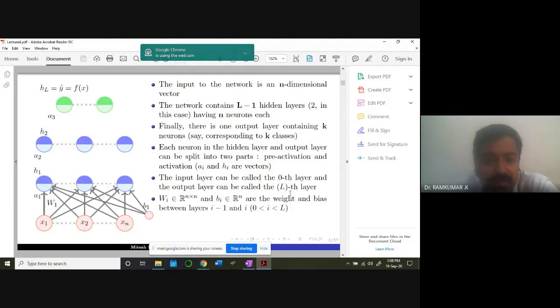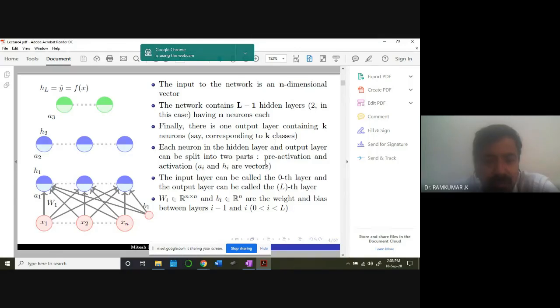Here you can see the connections. These are the Wi and Bi, the weight and bias between layers i minus 1 and i. Any layer you can call this. Is i varying from 0 to L? How many layers in total are there? L layers.